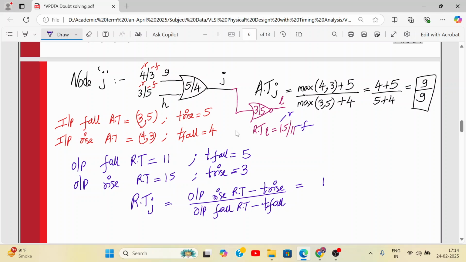So it is 15 minus 3 upon 11 minus 5. Yeah, so how much it is?